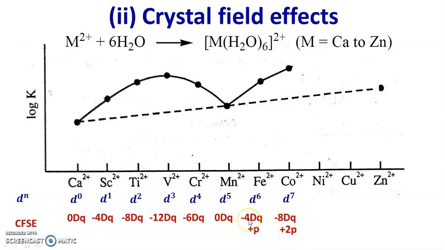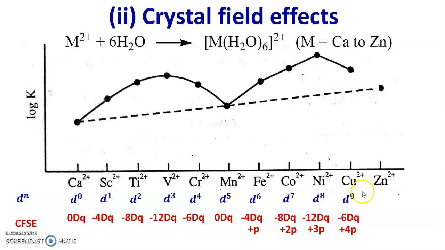So as the crystal field stabilization energy increases, its log K value increases. For nickel 2+ with configuration d8, the crystal field stabilization energy is minus 12 Dq plus 3P, and therefore its log K value is highest.